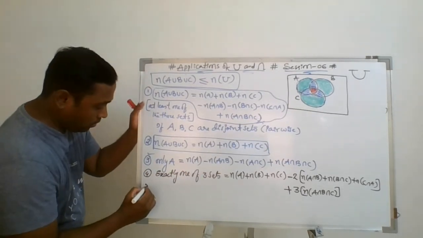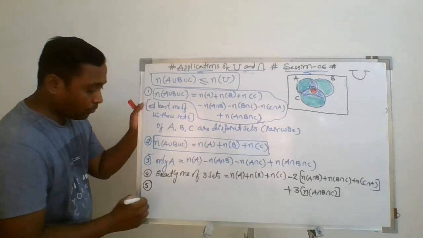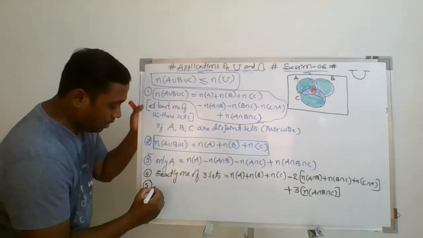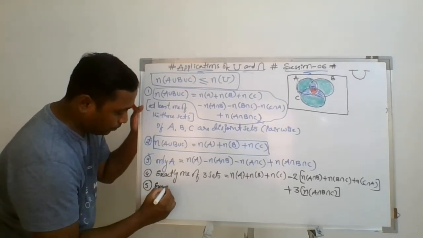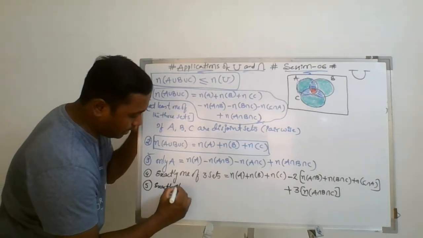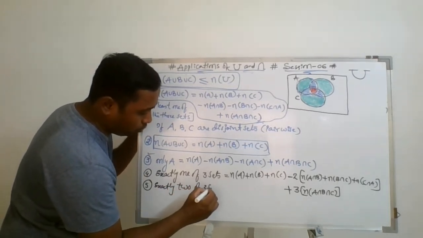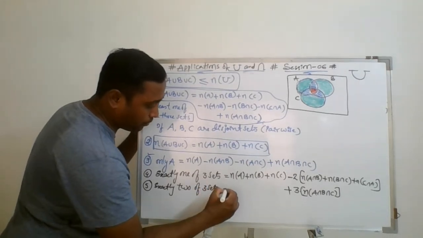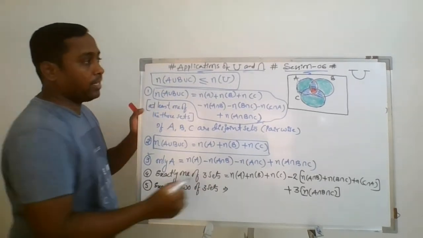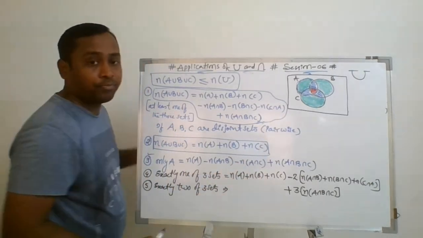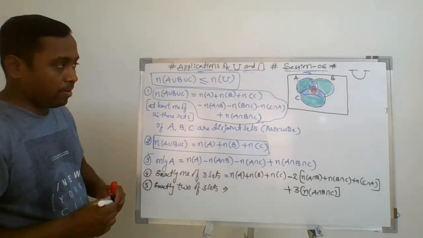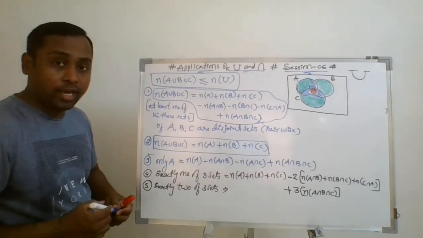And coming to the last formula of the session, right? Exactly 2 out of 3 sets. 2 of 3 sets means only blue area. Only blue area. Remember, only blue area.